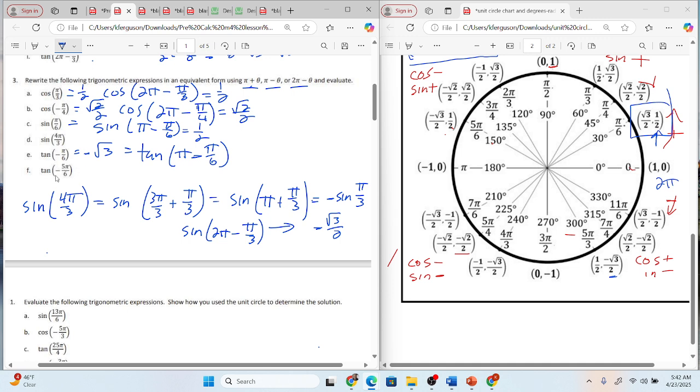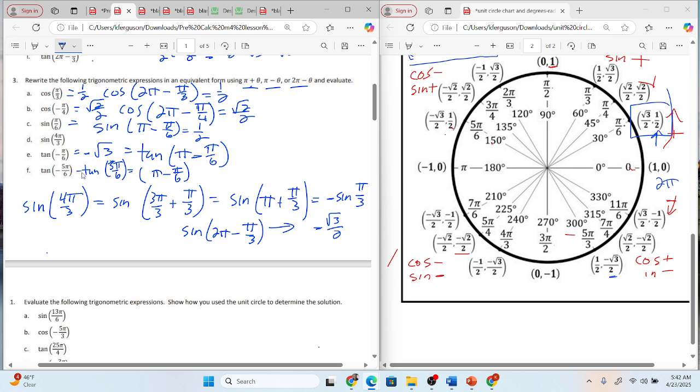So then if that's negative, that would be negative tangent of 5 pi over 6. So then that would be 2 pi minus pi over 6, right? Because that is, no, nope, not 2 pi, sorry, that would be pi. All right, because pi is 6 over 6, right? Minus 1 over 6, that would be 5 over 6.